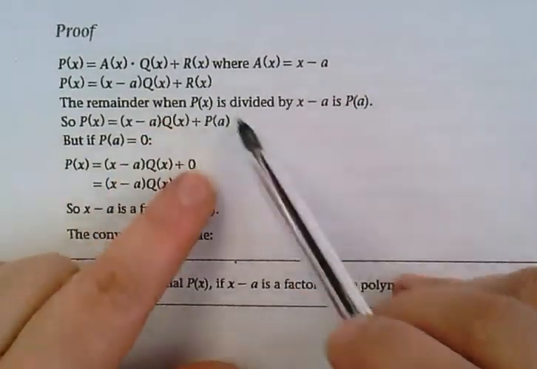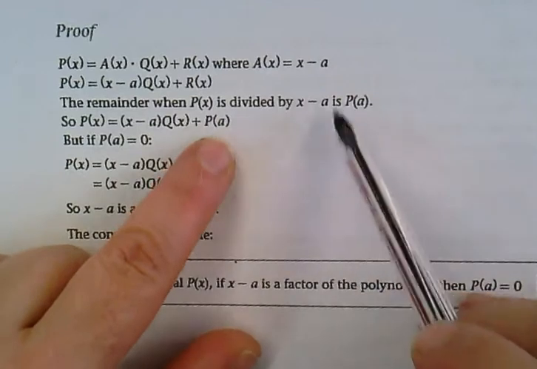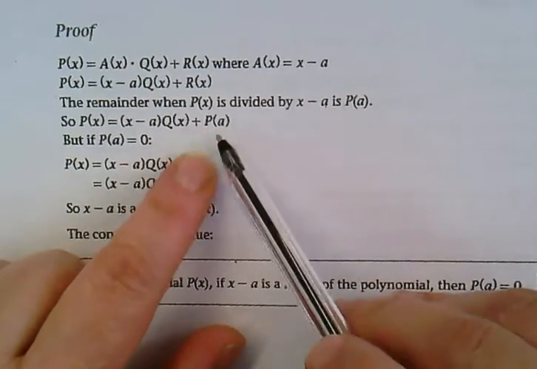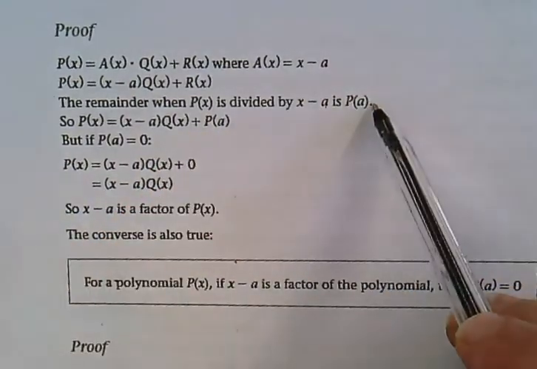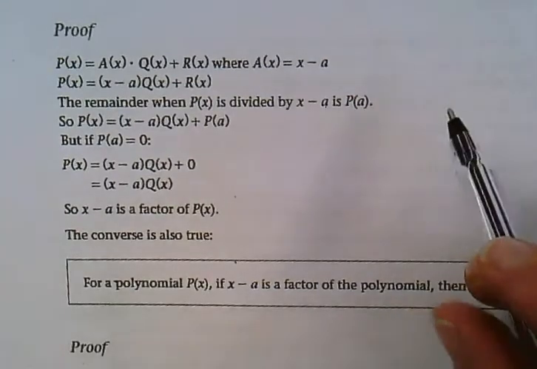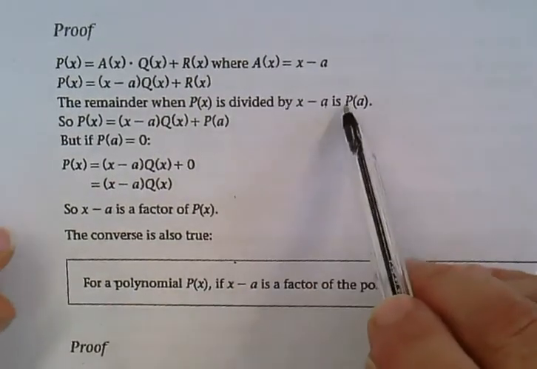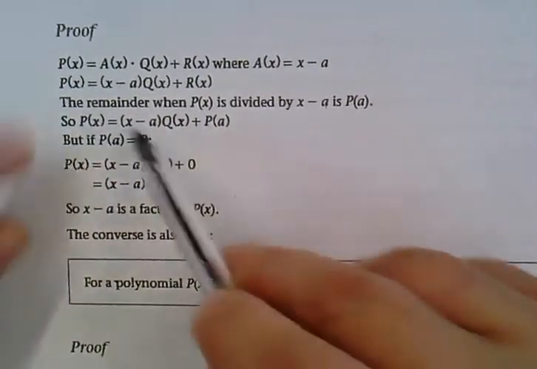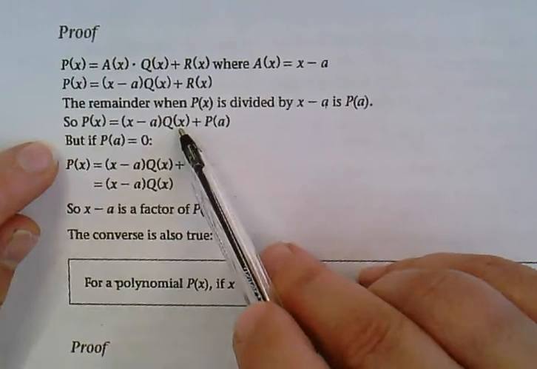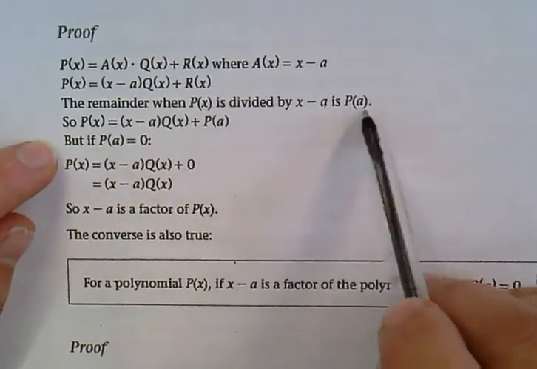We know that our remainder is found by substituting the a into the polynomial. Your remainder is p of a. You know how we do p of 1 and you get an answer? So I can write the remainder as a number, or I can write it as p of a. So polynomial in x is x minus a times your quotient plus your remainder, which is p of a.